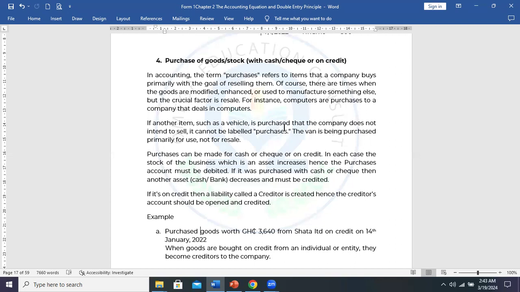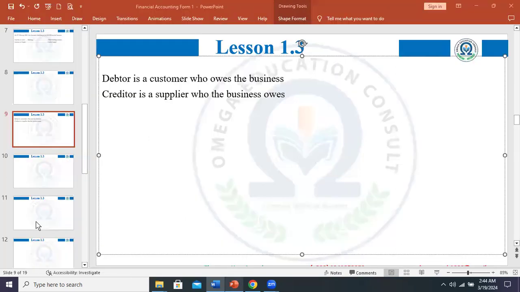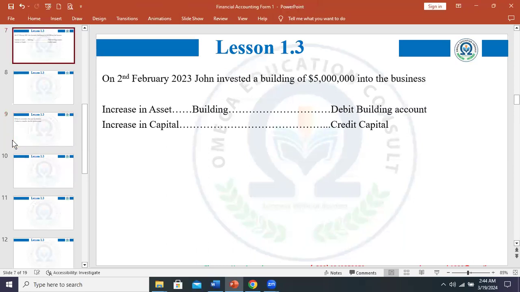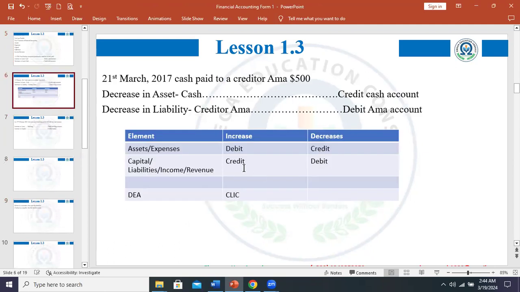Now, if you purchase with cash or check, they will decrease. So you credit them. If it's on credit, you are getting a liability because you didn't pay. You are owing the suppliers. So it's a liability. So you open the creditors or the suppliers account. And note when a liability increases, from the table, you credit. So when a liability increases, we are going to credit.